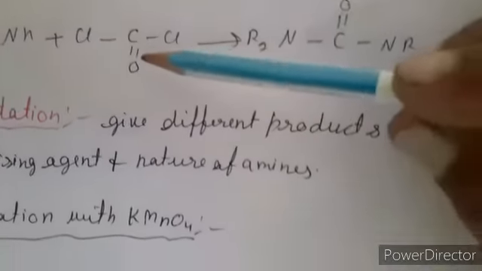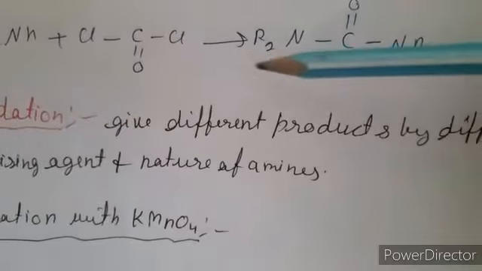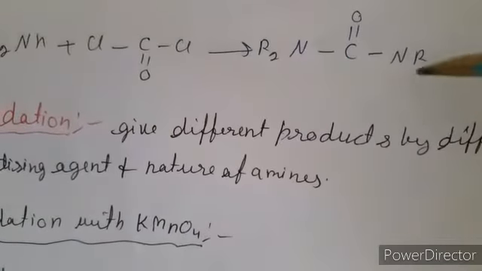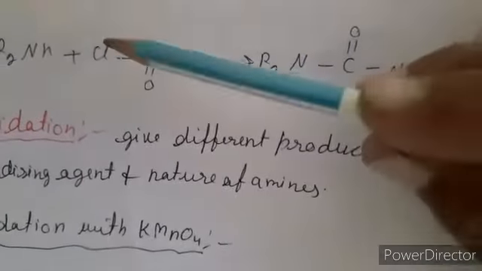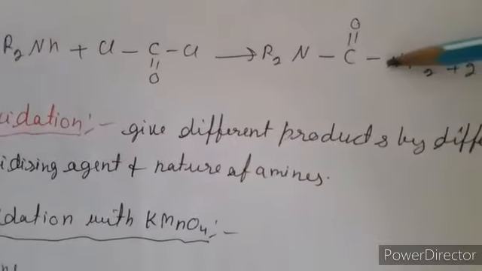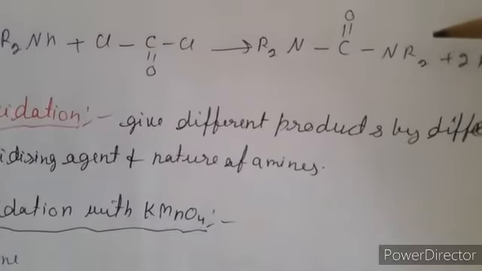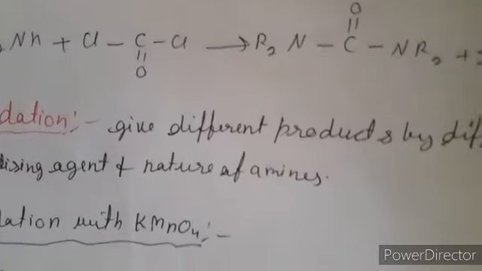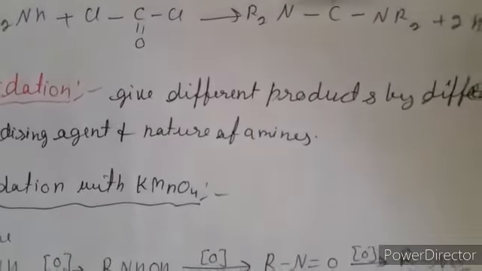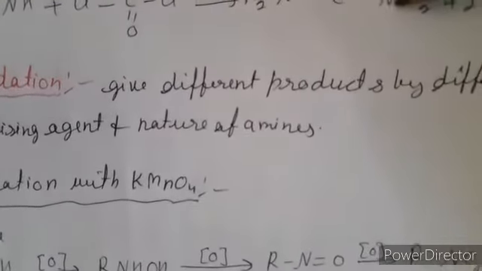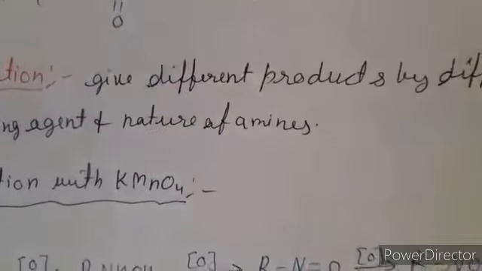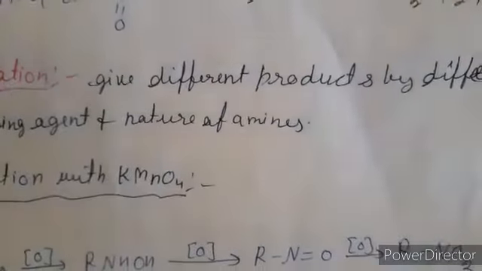Two molecules of secondary amine react with carbonyl chloride to form a symmetrical tetrasubstituted urea product. So primary amines give disubstituted and secondary amines give tetrasubstituted products, but tertiary amines do not react with phosgene gas.